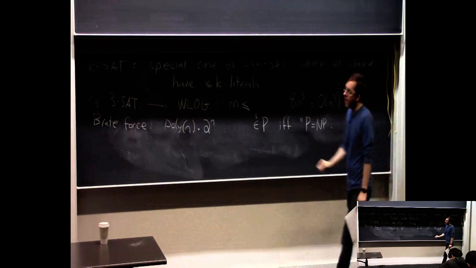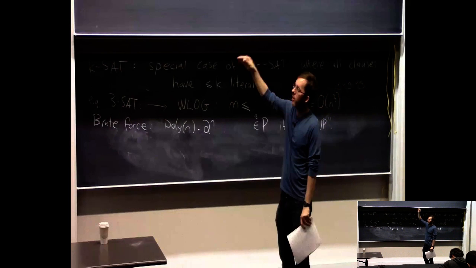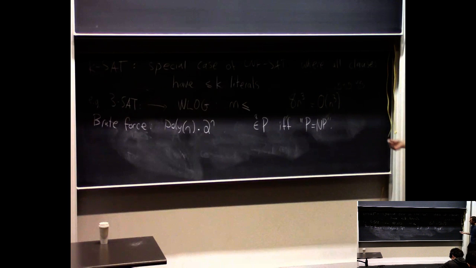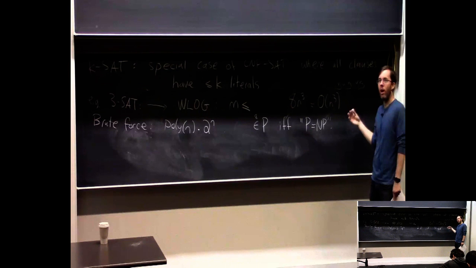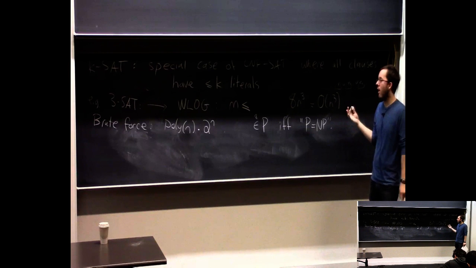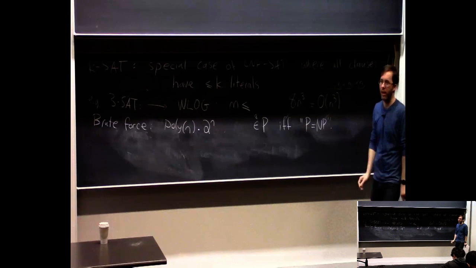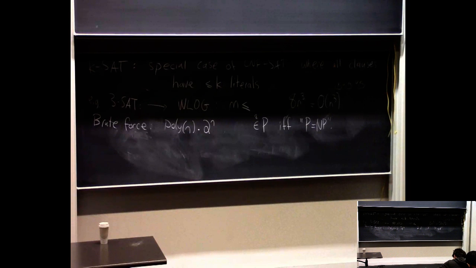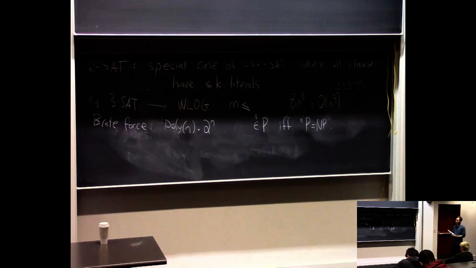So even though 3-SAT is a special case of a special case of a special case of circuit SAT, a much more difficult problem, we know it's at most harder by, in some sense, a polynomial amount. If you could solve even the special case 3-SAT in polynomial time, then you could solve the super complicated problem circuit SAT in polynomial time. So again, this is what we'll be talking about in future lectures.